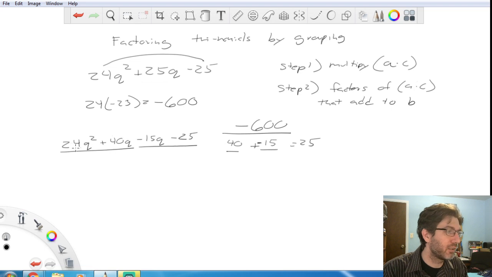Here we can divide out 8q. So if I factor out 8q, I am left with 3q plus 5.